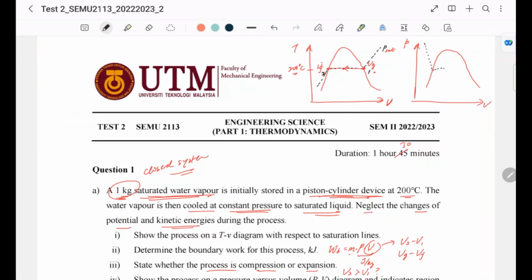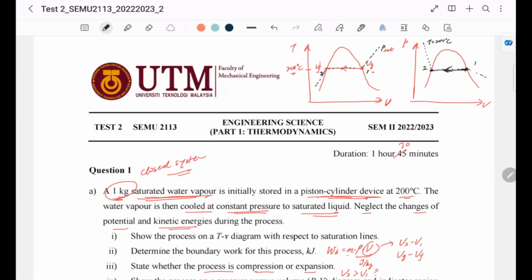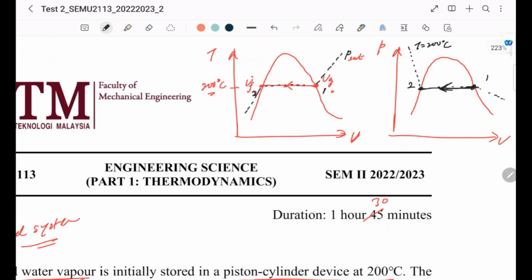Sorry. So this is 0.1, this is 0.2. So this is T equal to 200 degrees Celsius.